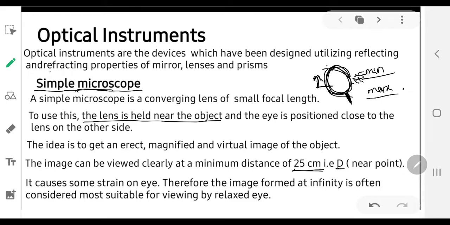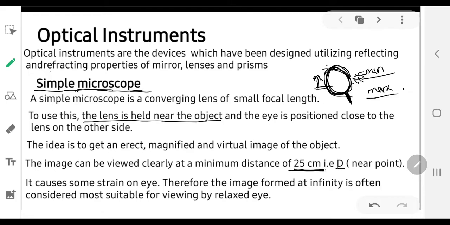So 25 centimeters, or D, is the minimum distance at which the eye can see the object or the image. The image formed by the converging lens or simple microscope should be at least at 25 centimeters, not less than that.